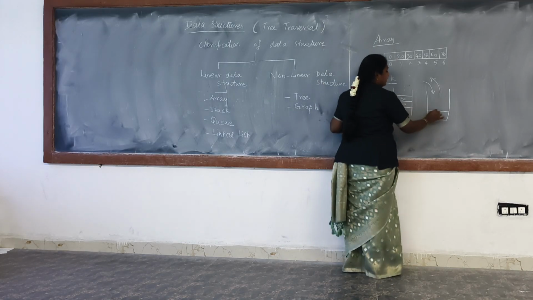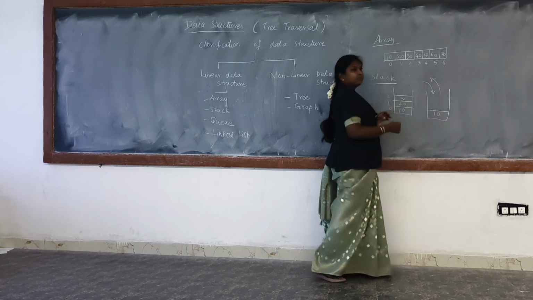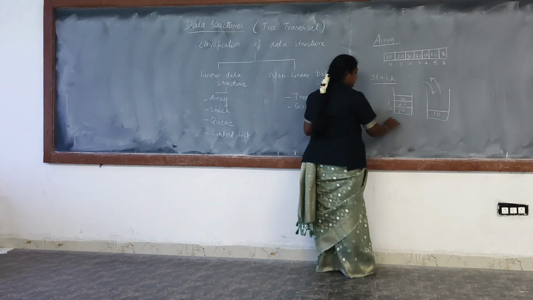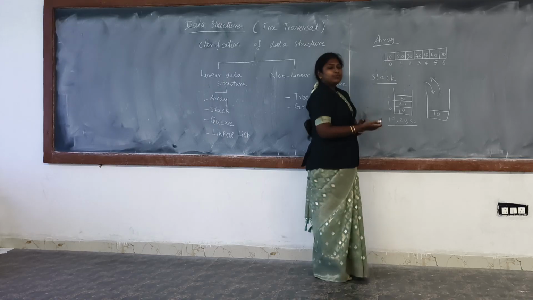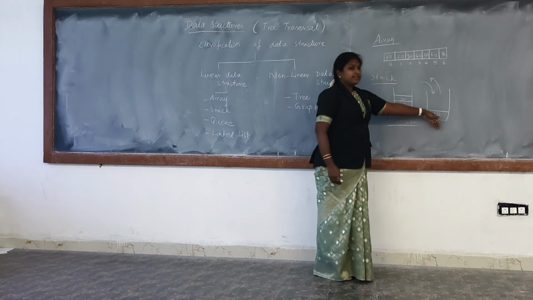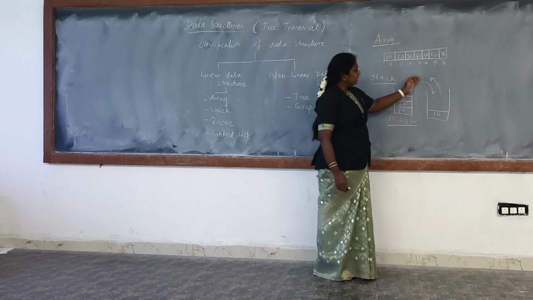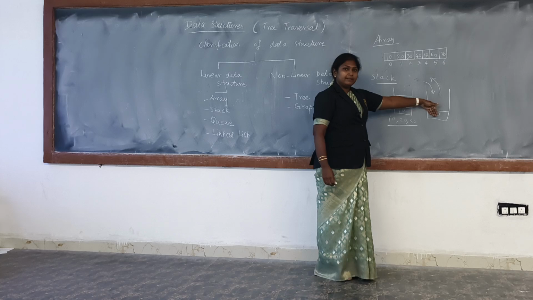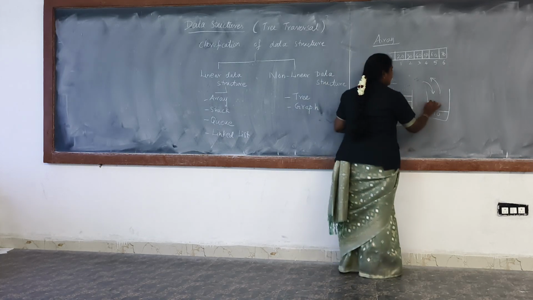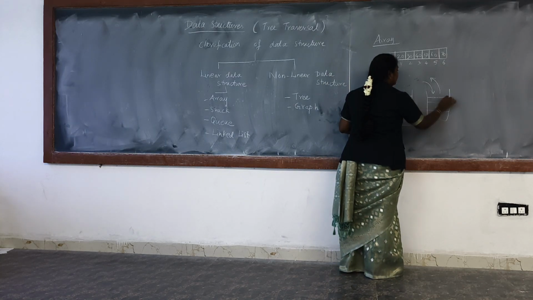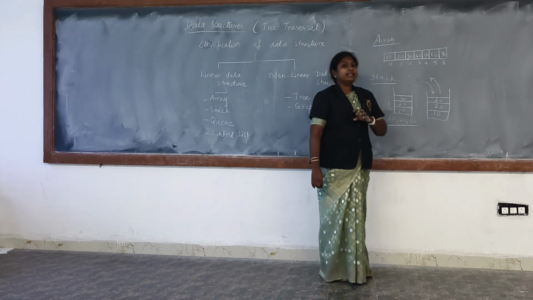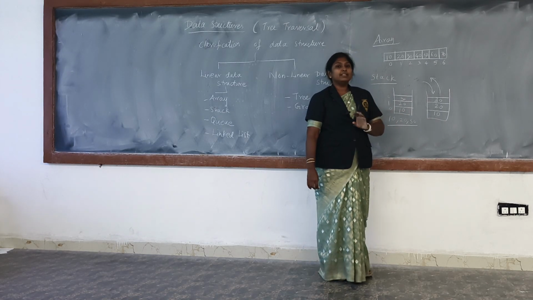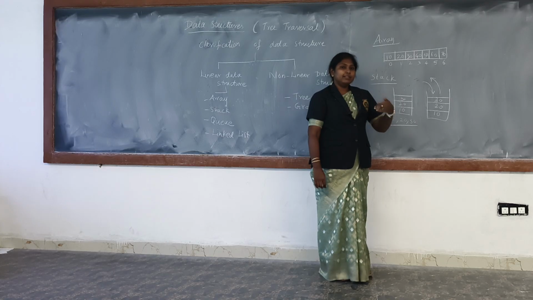Say for example, I need to store 3 elements: 10, 20 and 30. First let me insert 10, which will be inserted at this end, then the second element 20, and the third element 30. Now if I want to delete any element from the stack, you can delete only the last inserted element first.